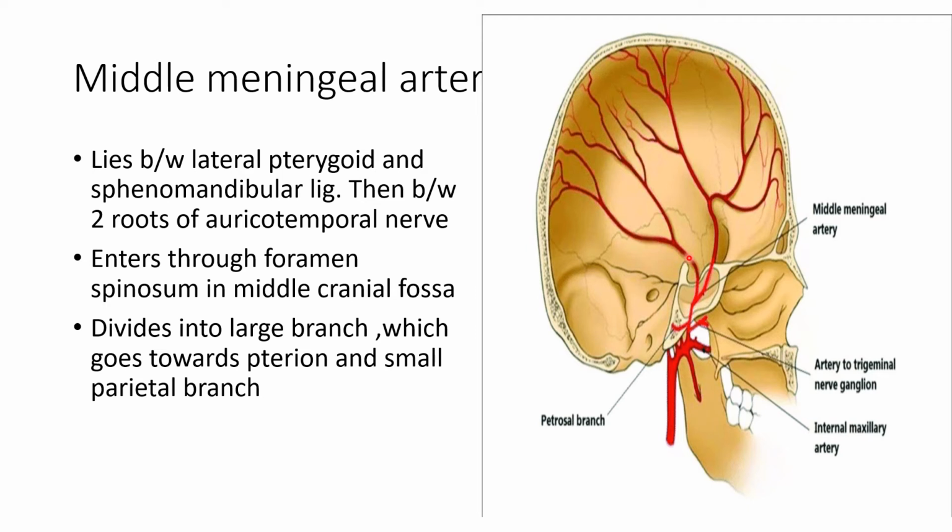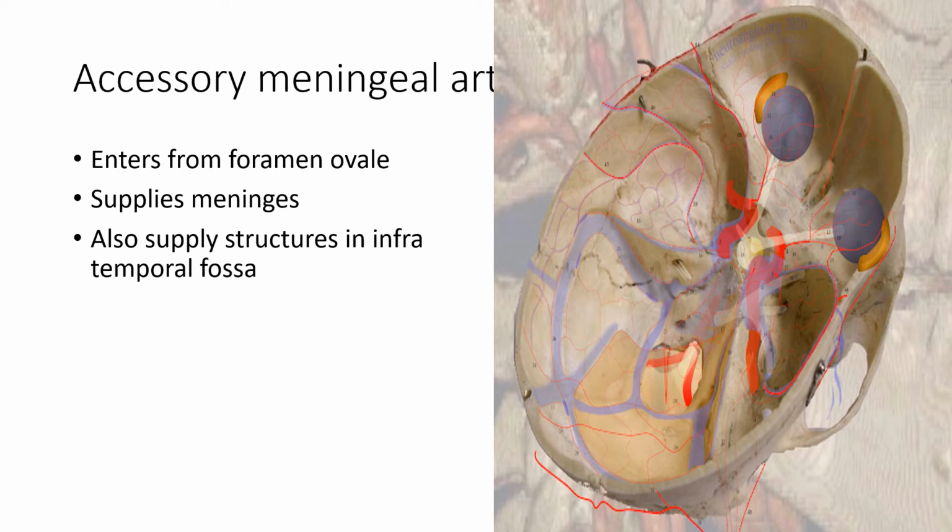The posterior branch is also called the parietal branch, and the anterior branch, which is larger, is also called the pterion branch.